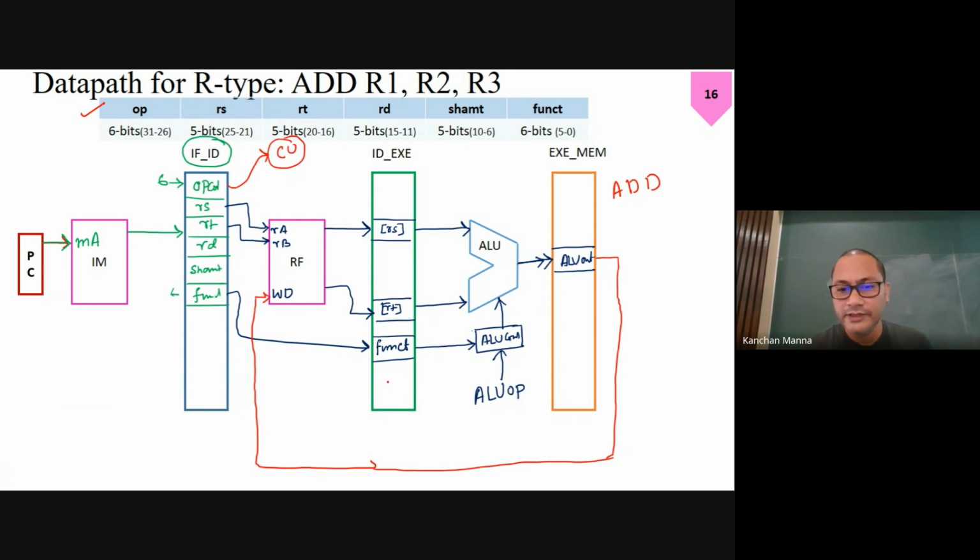So bring the RD here, and it will go hop by hop.